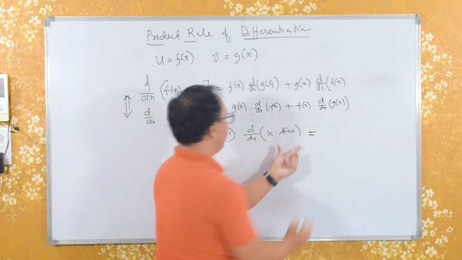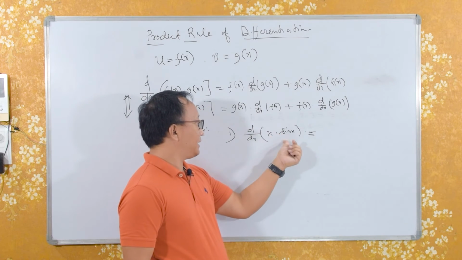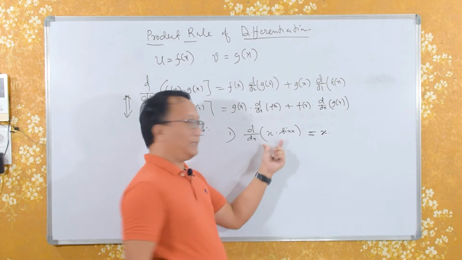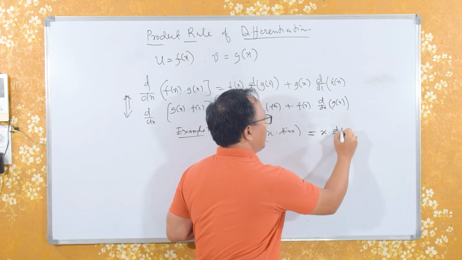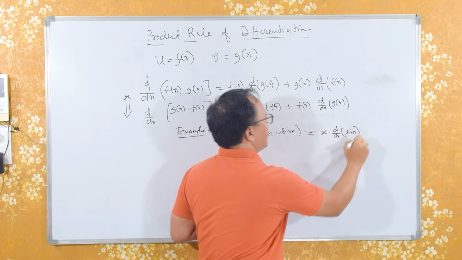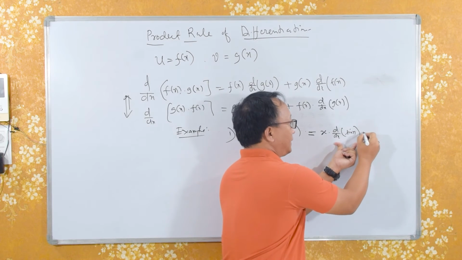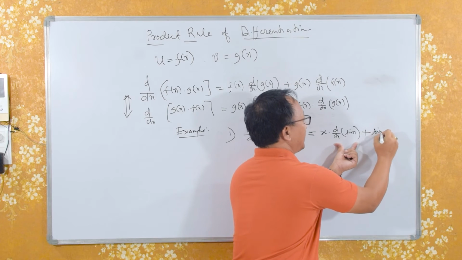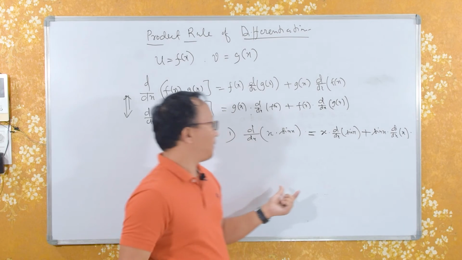So let's apply f of x as x, g of x as sin x. Now, keeping x as it is, differentiate sin x, d by dx of sin x. Since this differentiation is over, plus sin x and d by dx of x.